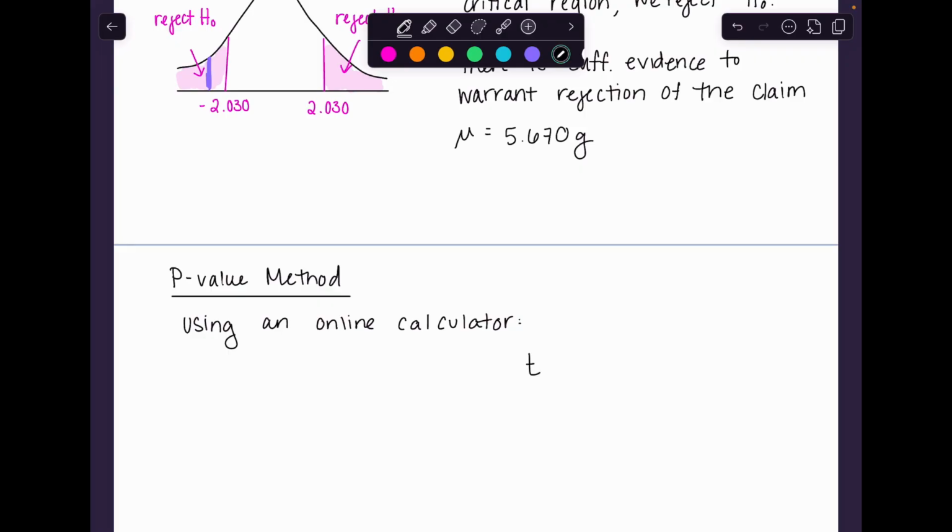Where our specifications is our test statistic is negative 2.738. Our alpha level is 5%. Our degrees of freedom is 35. And this is a two-tailed test.